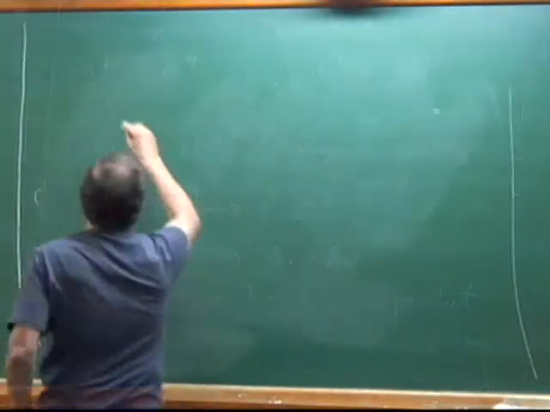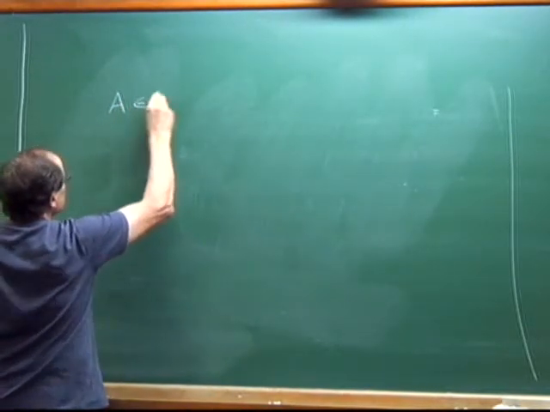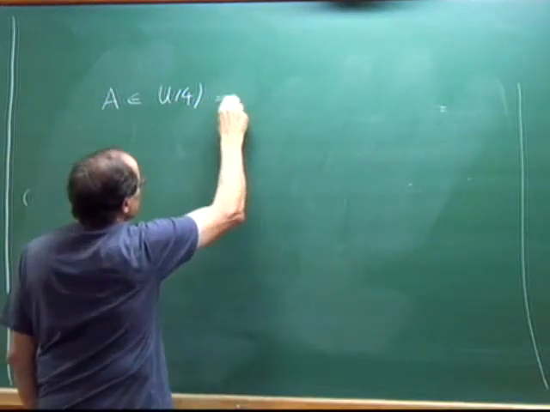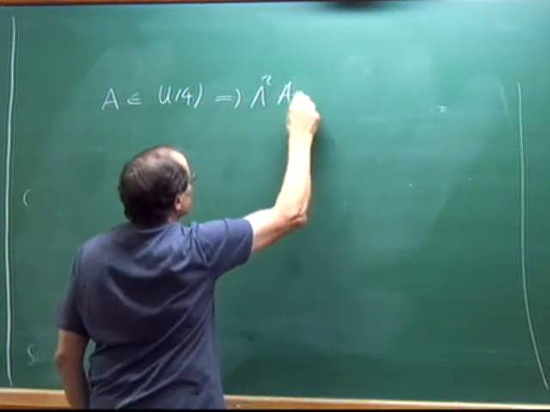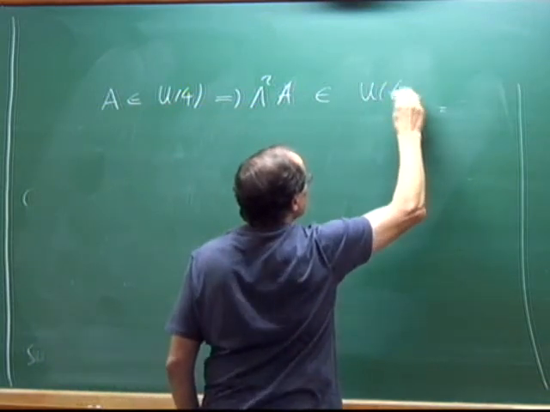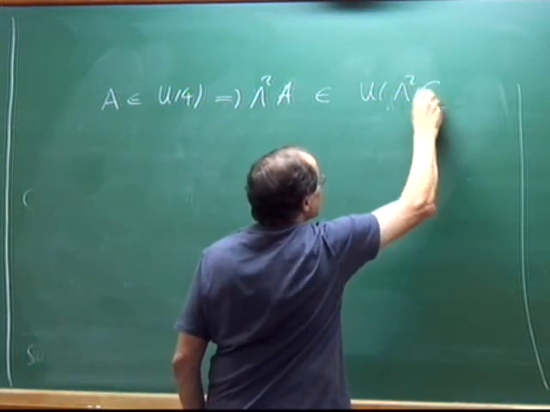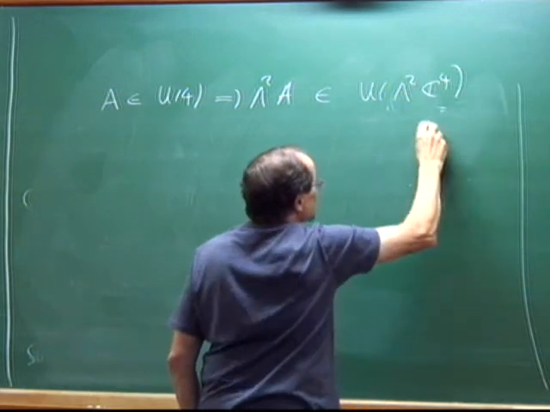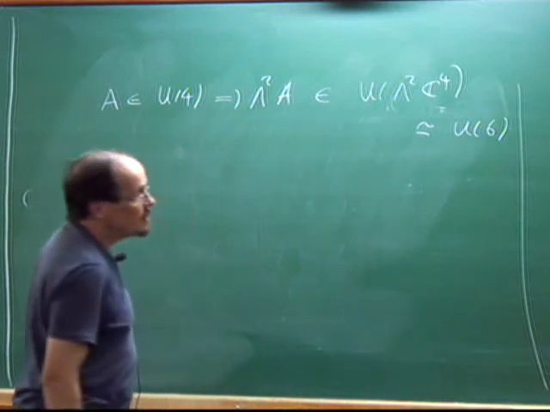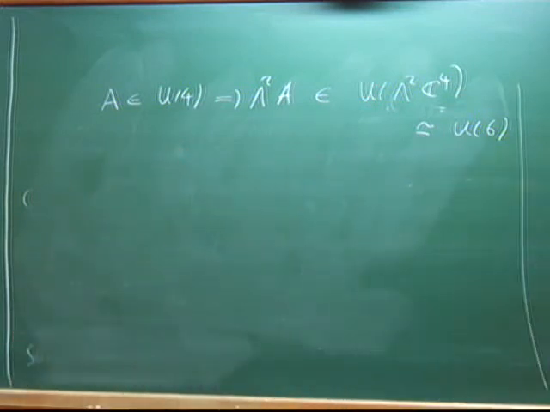Notice, for example, if A respects the inner product on C4, this implies that lambda 2 A respects the inner product on lambda 2 C4, which is the same thing as C6. Right, by this formula here, what does A do here?